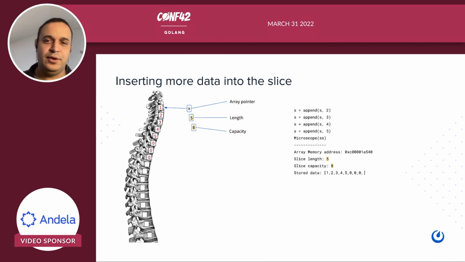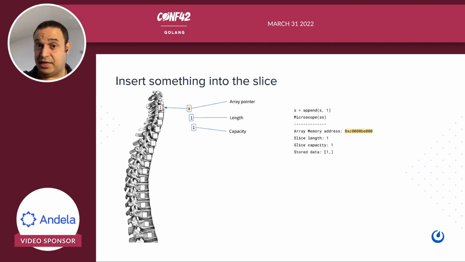Let's see what happens when I add more data there. If I add 4 more elements, it's going to change the memory address. Why is the memory address changing? Because I don't have enough space in the original reserved memory. If I look at the slice capacity, when I added 1 element, the slice capacity is 1. So I'm not able to store more data in that array, because the slice capacity is the amount of data that the array in memory is able to store.